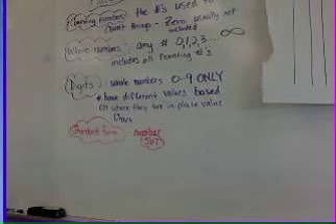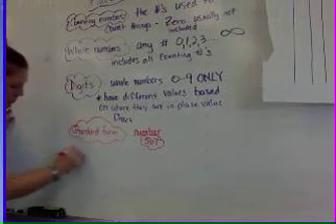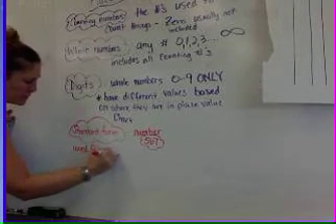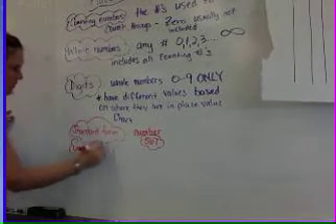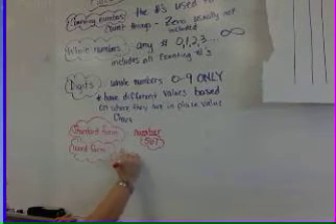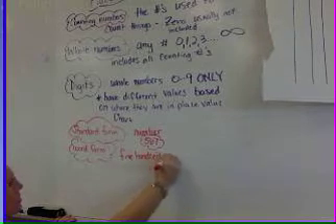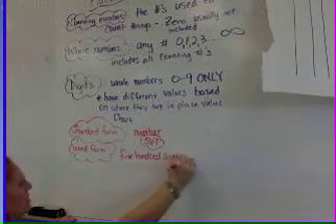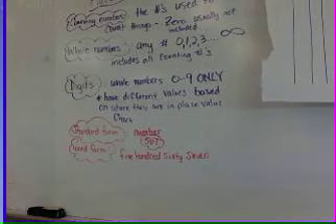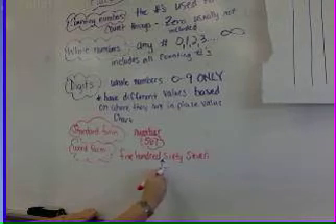Then we have word form. If I took 567, I would say five hundred sixty-seven. You'll notice that I do not have the word "and" in here.